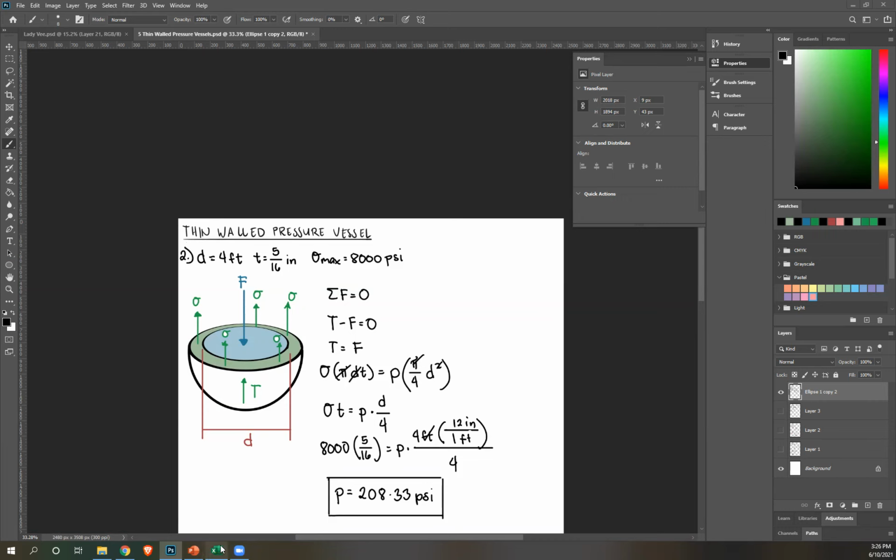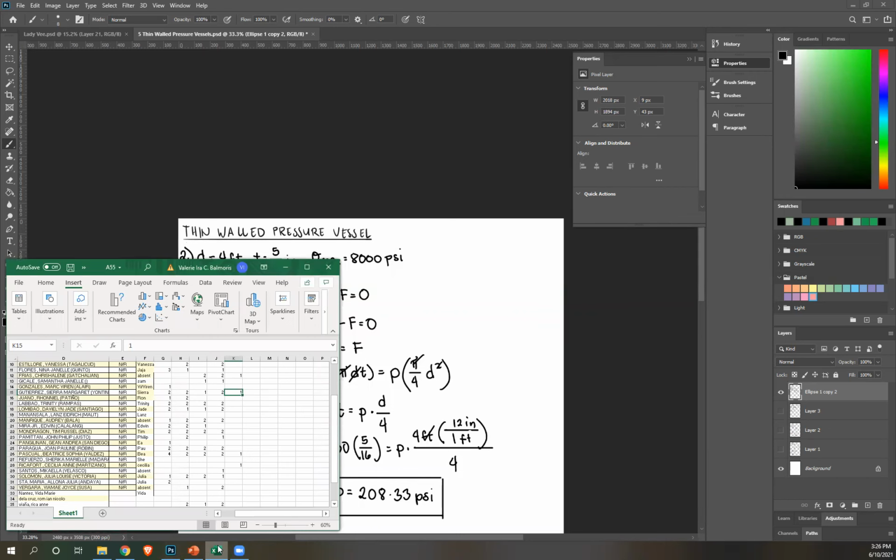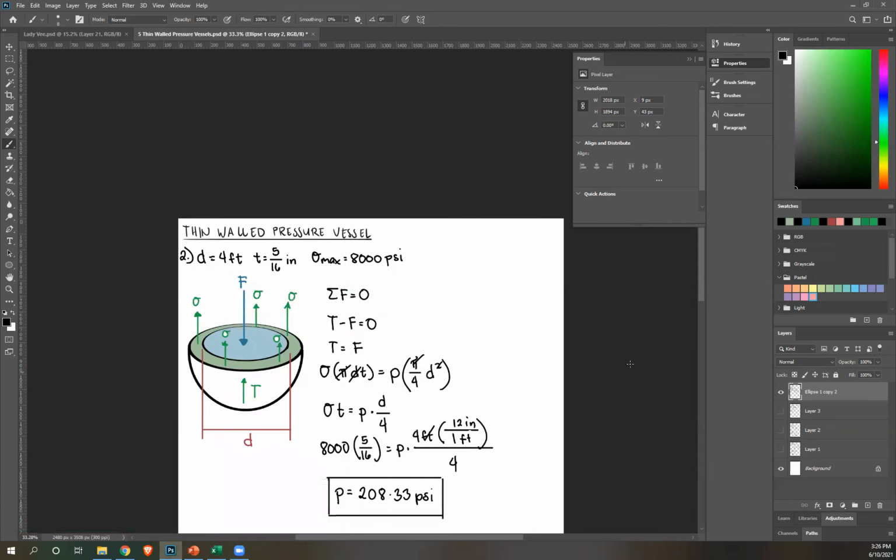Why? Okay, let me show you the difference between longitudinal and tangential, okay? So for a cylinder, remember how I derived the equation for a cylinder, right? We took a portion, or we took half, okay? And then I said, this is the area experiencing stress for tangential.